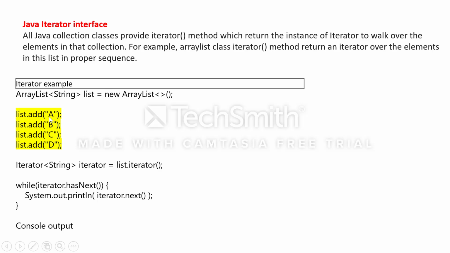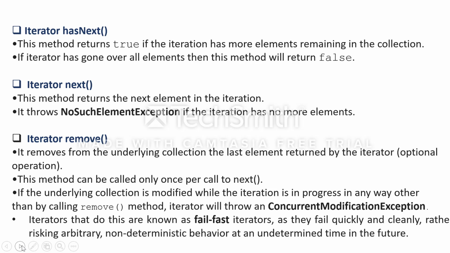Based on this, we use the add function and add a, b, c, and d. Then we have list.iterator, so in this list it returns an iterator. We use iterator.next, and we want to print iterator.next, and we just move on.